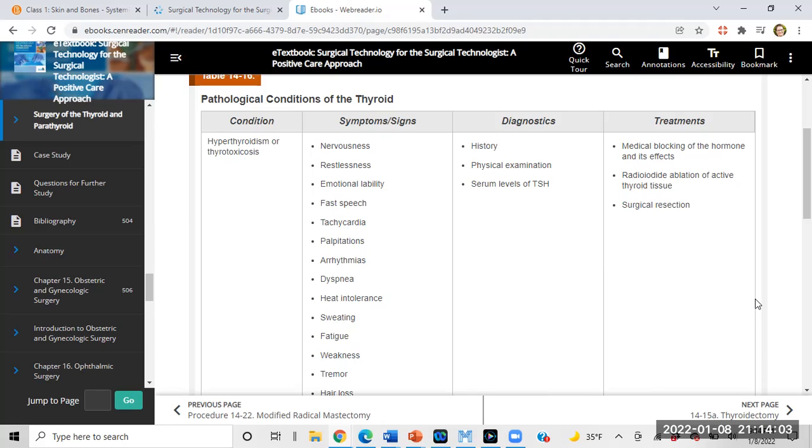Everything is in excess. And so there's medications that they can use to treat this. They also can do a radio iodide ablation of the active thyroid tissue, or they can just remove part of the thyroid or all of it.